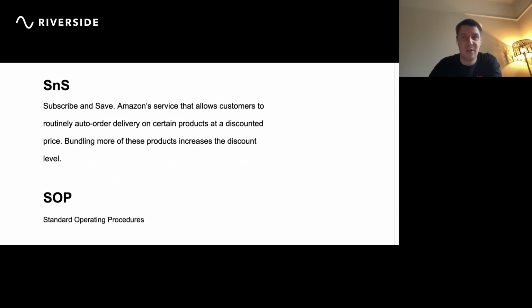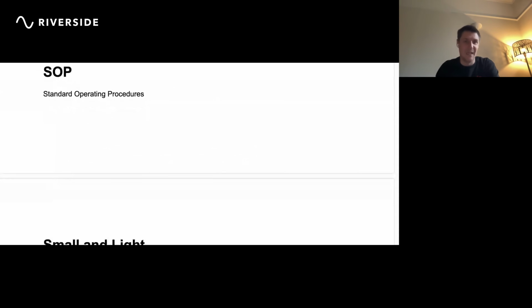SNS, so this is Subscribe and Save. This is Amazon's service that allows your customers, your shoppers, to set up a subscription for a product. This typically works best on repeat purchase products. Let's say pet food. They'll be able to subscribe and, as the title says, save a little bit. So usually the minimum is going to be like 5% saving, but it means you've got that kind of regular income now.